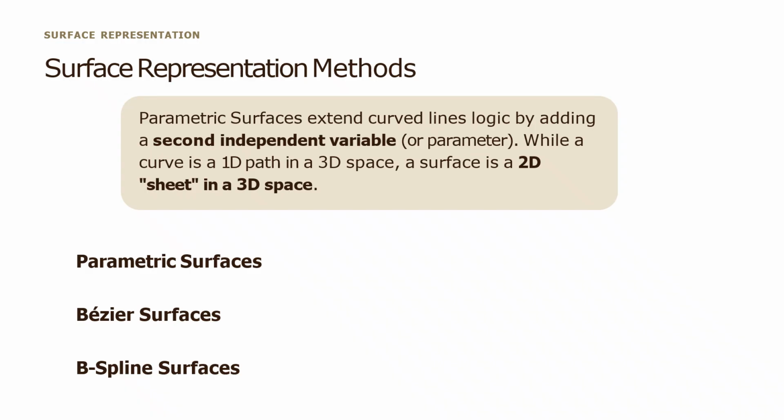Finally, B-spline surfaces provide better local control, allowing designers to modify one region without affecting the entire surface. These techniques are widely used in CAD software and animation. Now let's discuss these examples one by one.